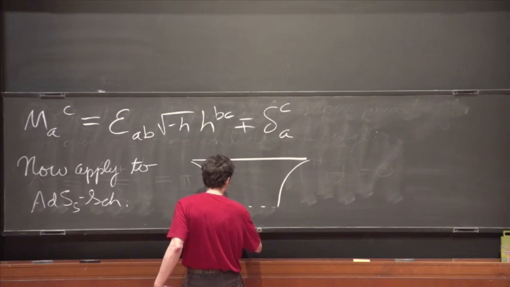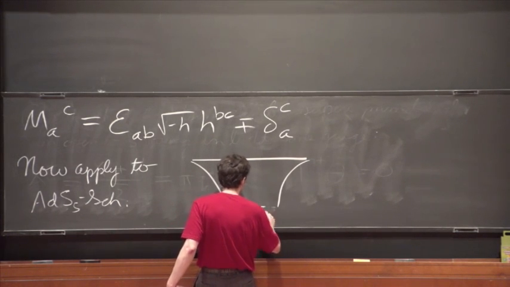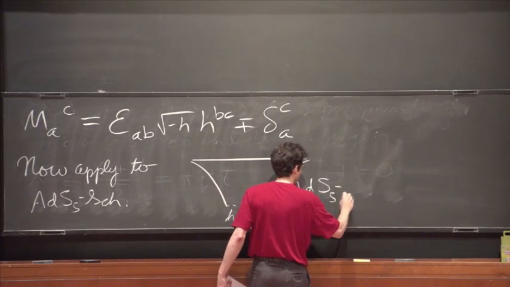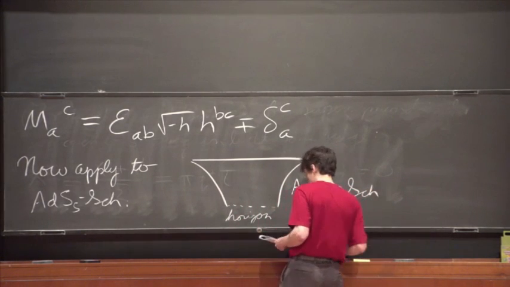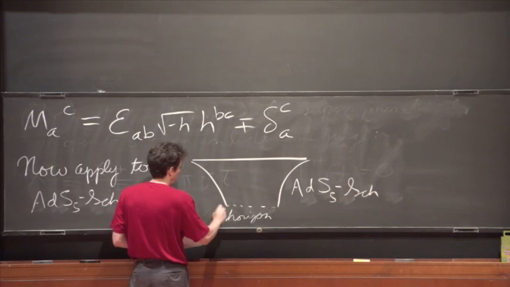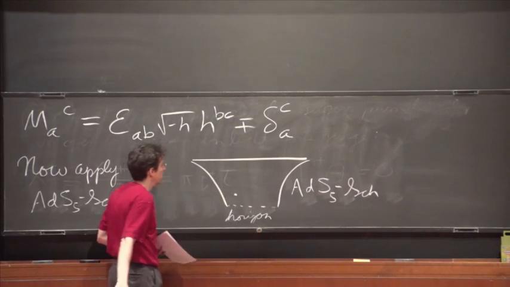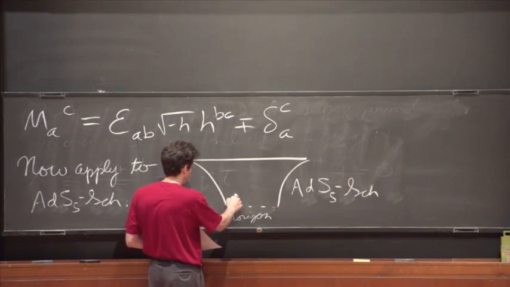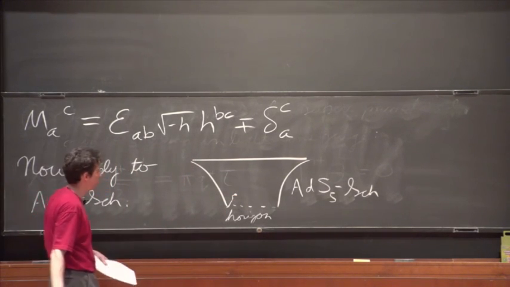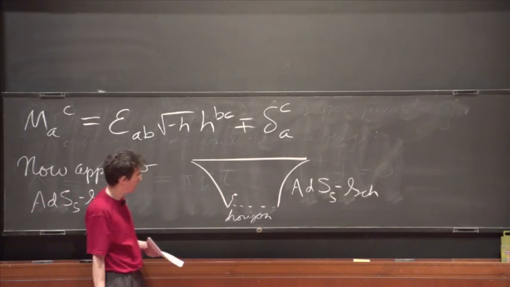I've got some AdS5 Schwarzschild geometry here, whose metric we have seen. And I want to consider some string with an endpoint, and this string will trail off into the horizon.